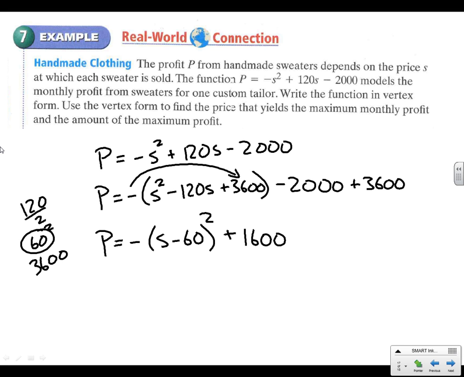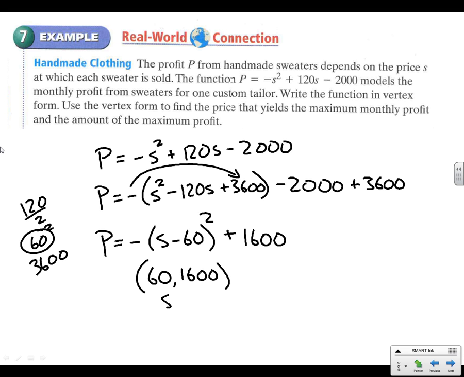Let's find the price that yields the maximum monthly profit and the amount of the maximum profit. All right, so the amount is going to be the s, I believe. Is that correct? What does s stand for? s is the price. Yep, so we want that first. So our vertex here is at 60, 1,600.